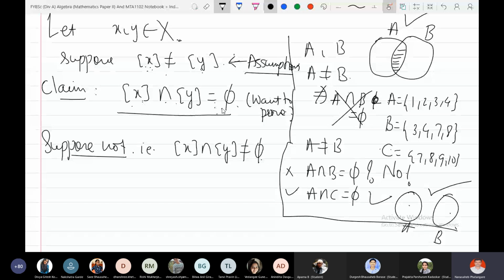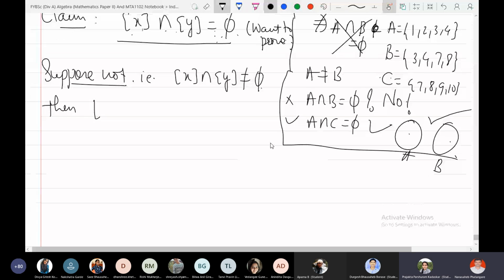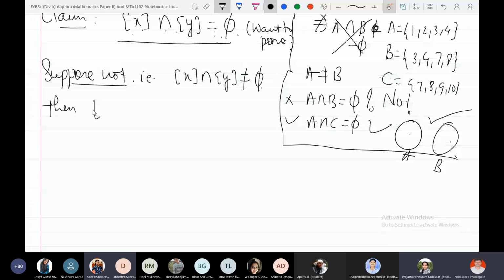That means they are not disjoint. Intersection is non-empty means what? They are overlapping. There exists some element.